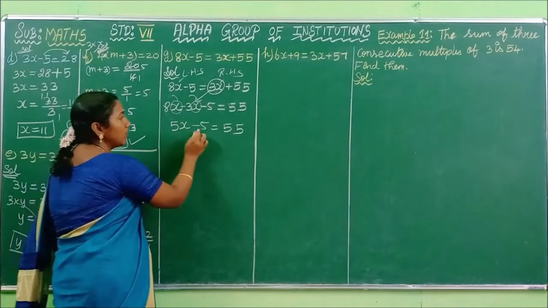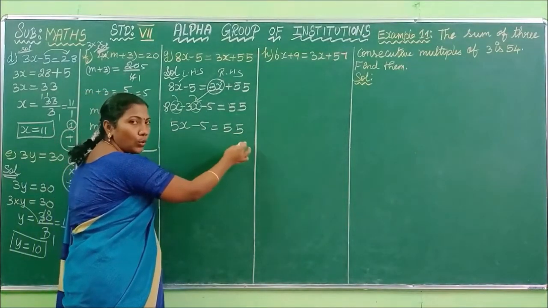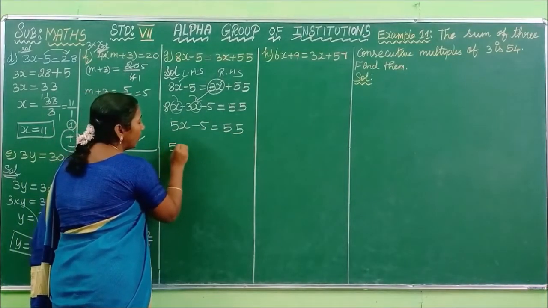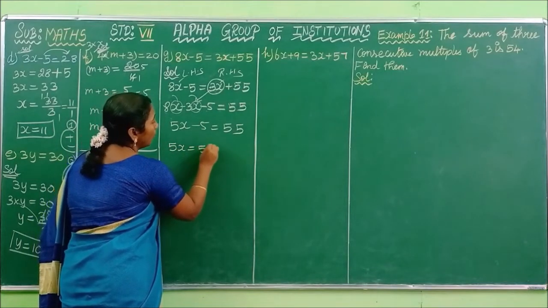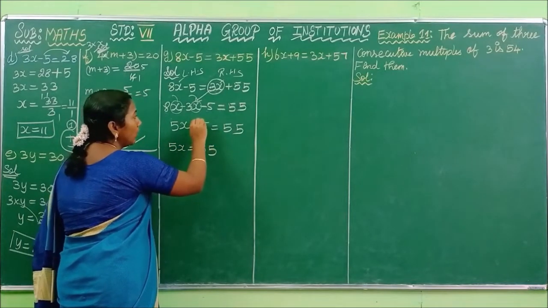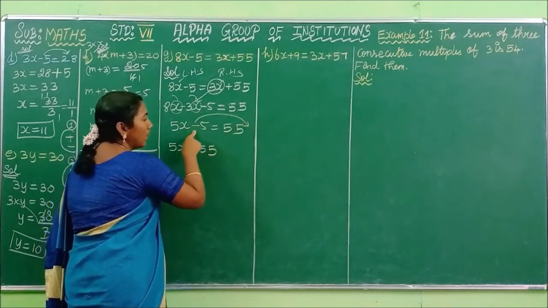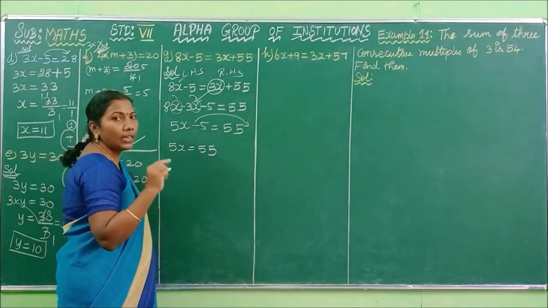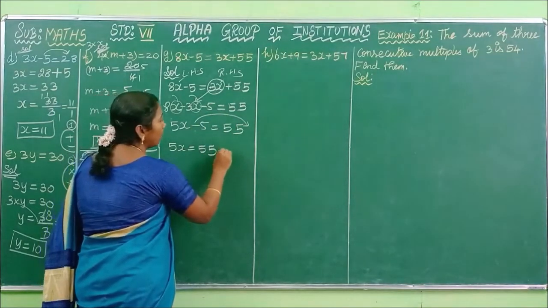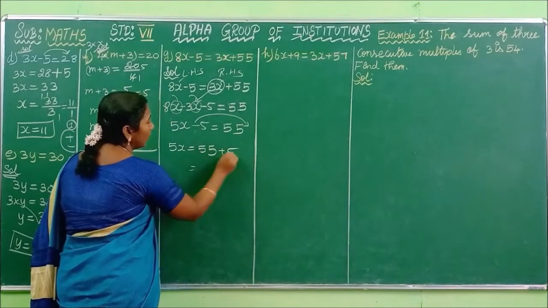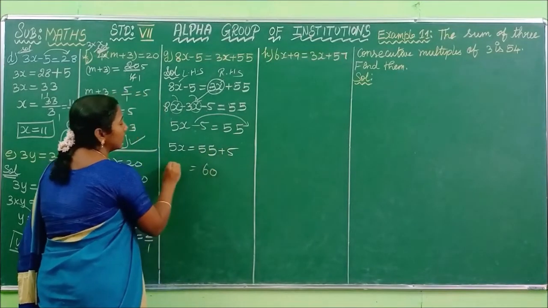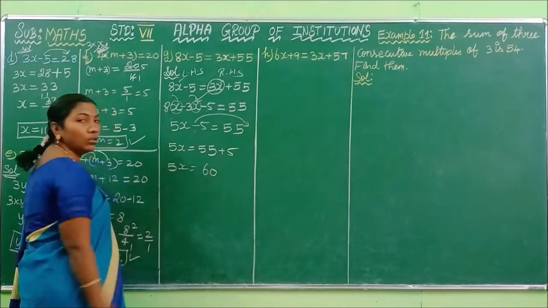Thus 5x equal to 55 plus 5. While you are transposing minus 5 from LHS to RHS, its sign is reversed. So 55 plus 5, your answer is 60. Thus 5x equal to 60.